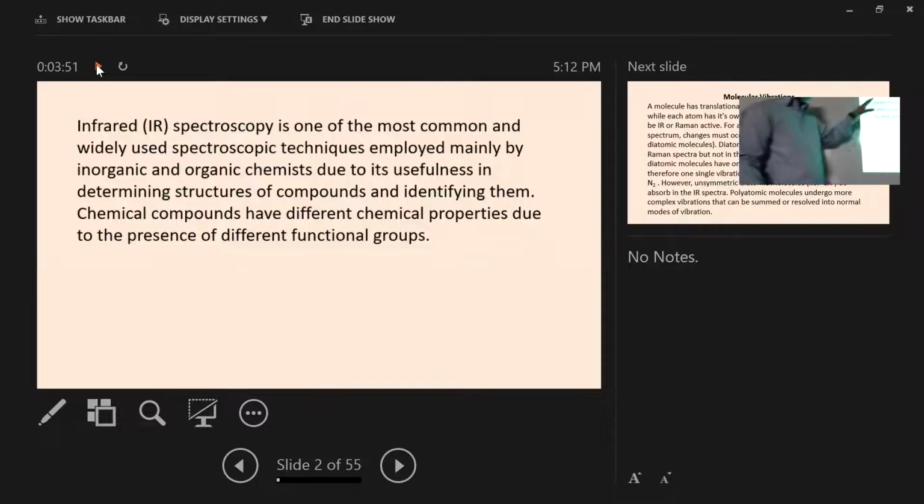That means if we take the infrared spectrum for this molecule, what are we expecting? If you take the infrared spectrum, you will be able to find out in which region we are getting the infrared absorption signal or intense signal.